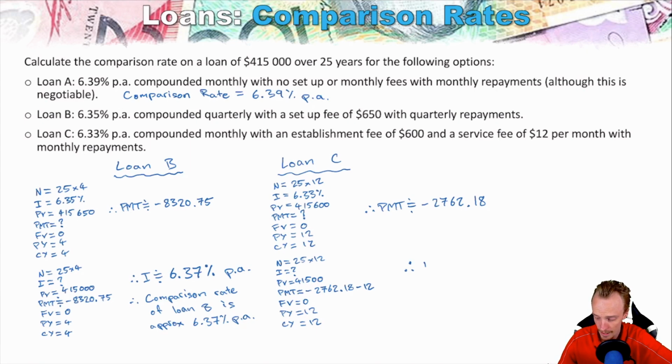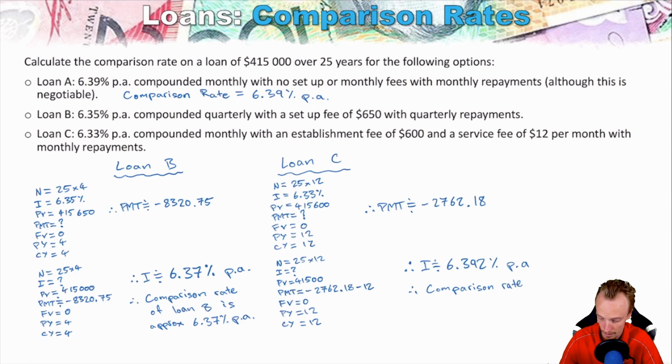So let's go ahead here and calculate this interest. All right. And this gives us a comparison rate of approximately 6.392% per annum. So therefore, comparison rate, in a test or something, I would just leave it like this personally, but I'm just going to write it here so we know this is the comparison rate.